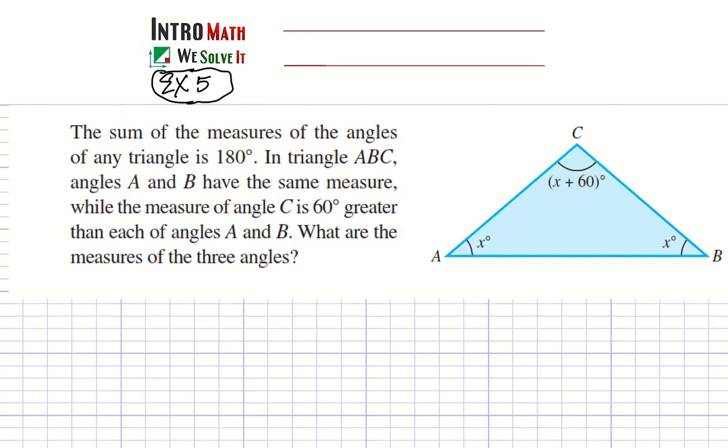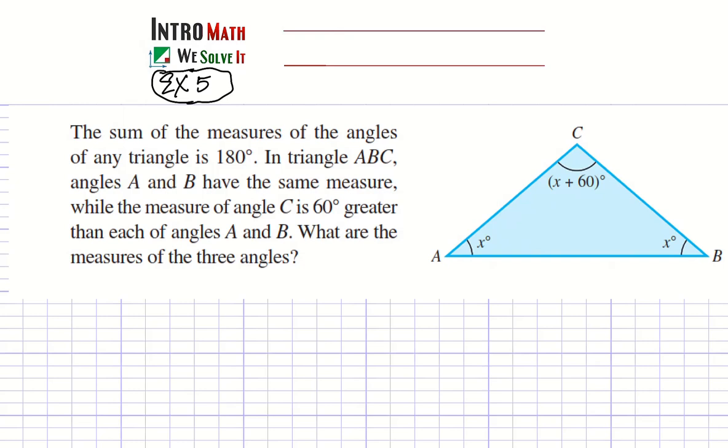Let me read it. The measure of angle C is 60. The drawing is confusing. If C is 60, then 180 minus 60 is 120, so the other two angles would be 60 each.